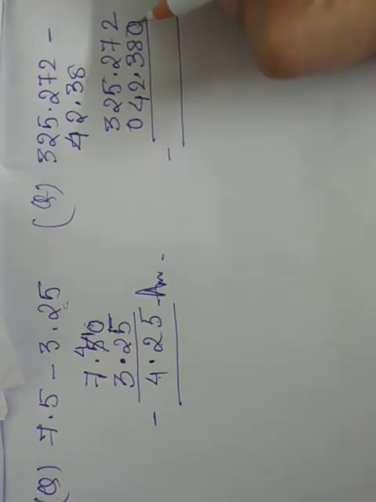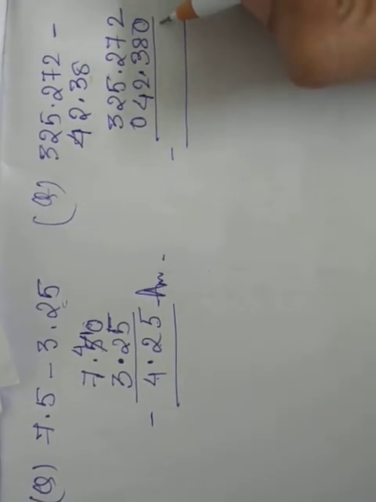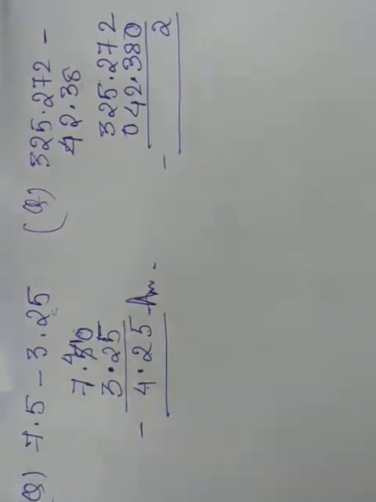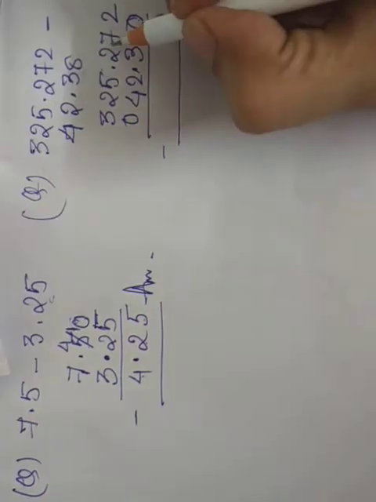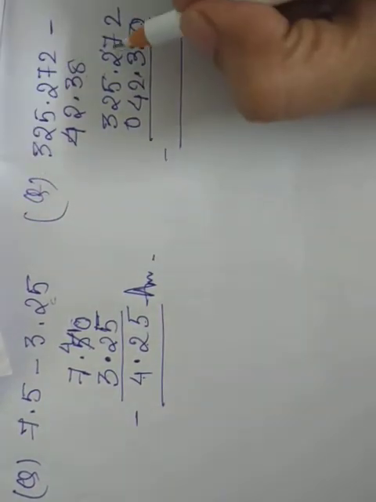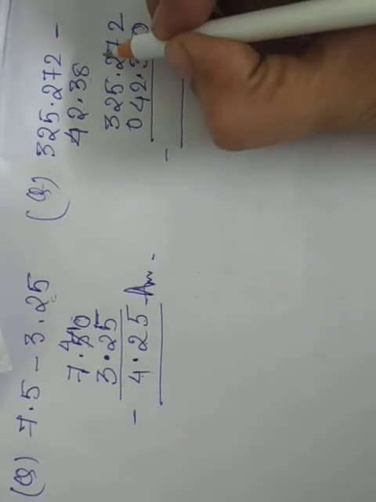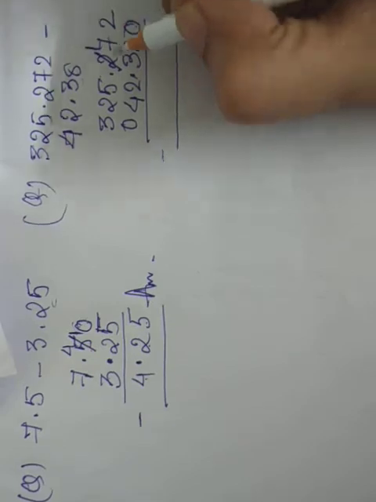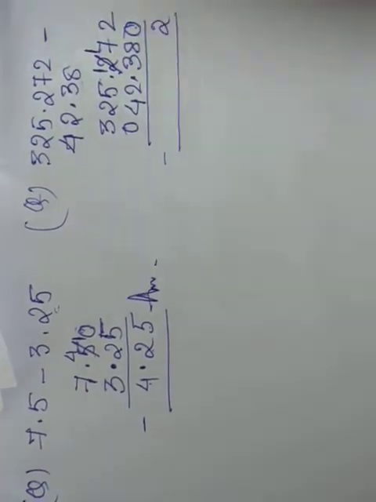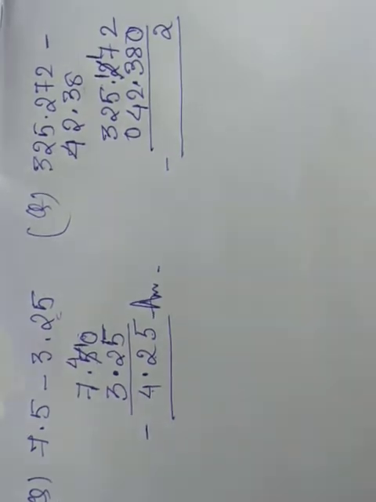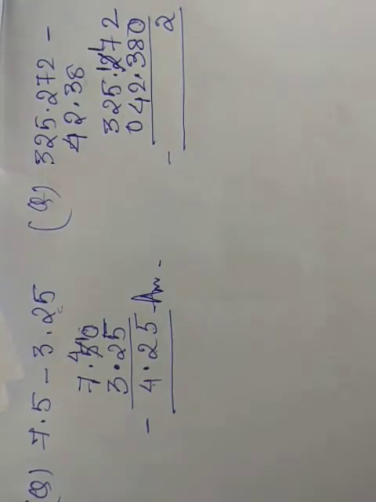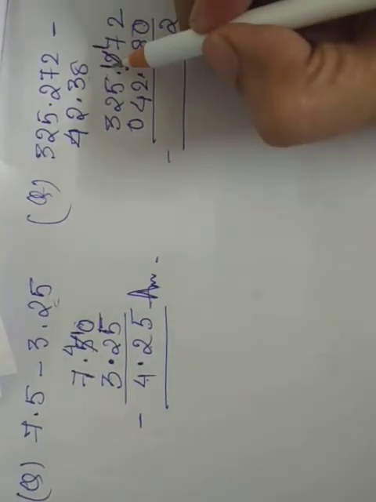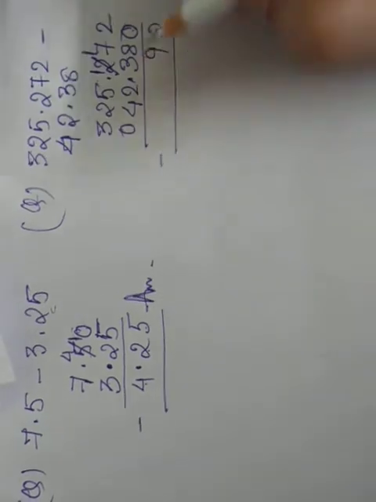If we subtract 0 from 2, it will give you 2. Now 8 cannot be subtracted from 7. We have to take a borrow. So what we are doing is taking a borrow from the previous number. So if I take one borrow, it will make 17, and here it will be 1. So 8 minus 17 will give you 9, and here it is 1, and here it is 3.